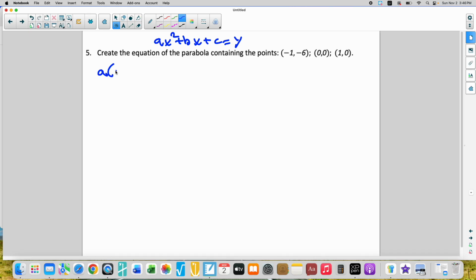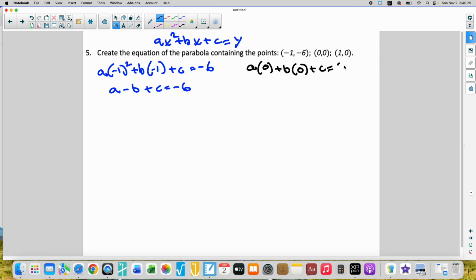A times negative 1 squared plus b times negative 1 plus c equals negative 6, giving us a minus b plus c equals negative 6. Let's write the other equation. A times 0 plus b times 0 plus c equals 0, and that simplifies to c equals 0, which we knew.